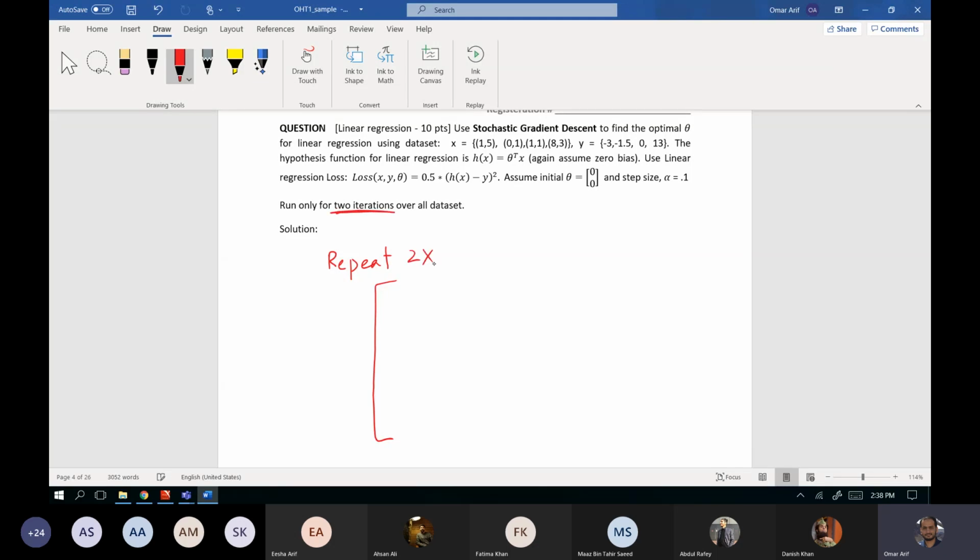So repeat 2 times. And since it is stochastic gradient descent, I have a loop here for i equal to 1 to m, which in this case m is 4.